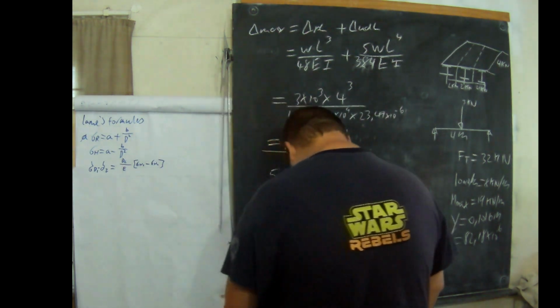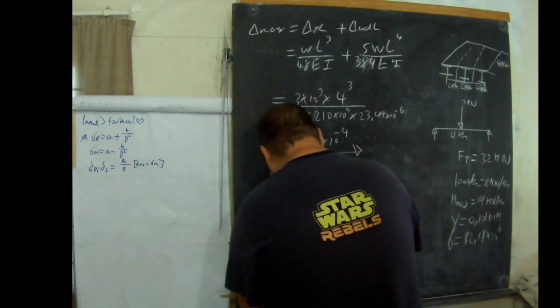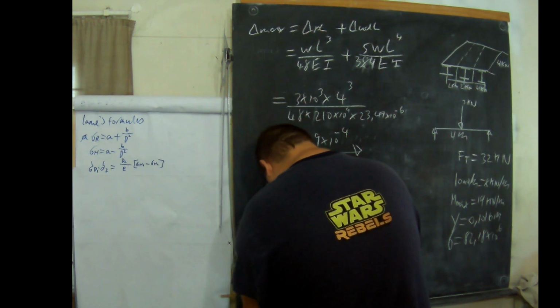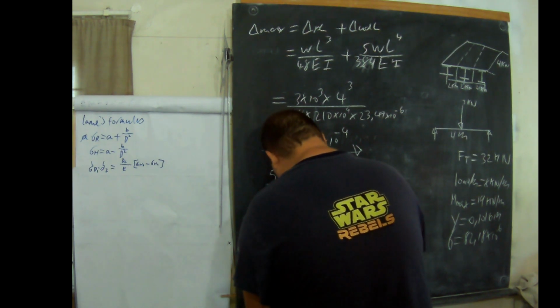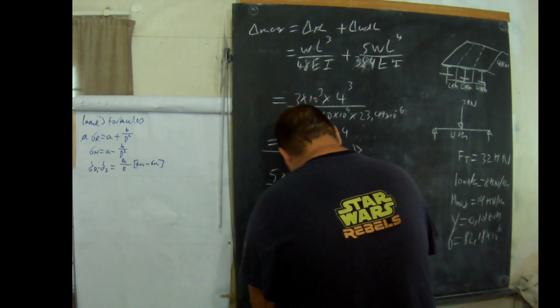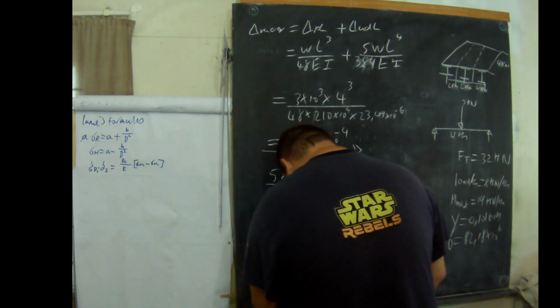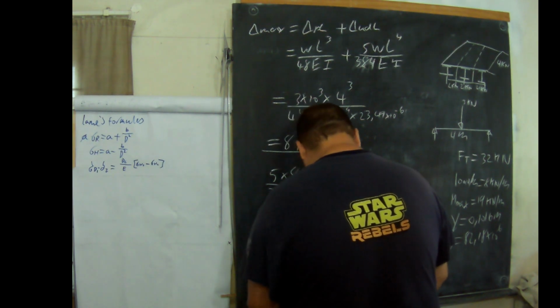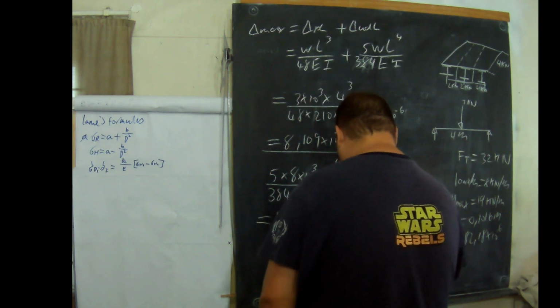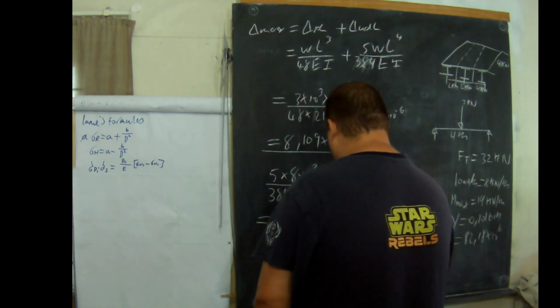And that gives us an answer of 5,406 times 10 to the minus 3, sorry, minus 3.